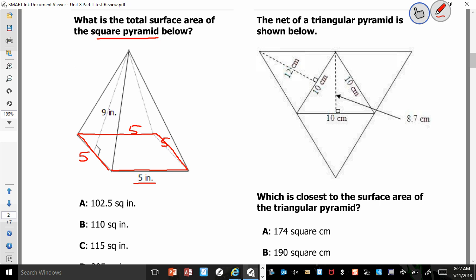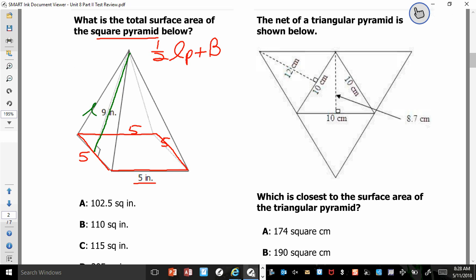Yeah. All right. Remember now the slant height. It's not length, it's slant height. Okay. So that's L right there.